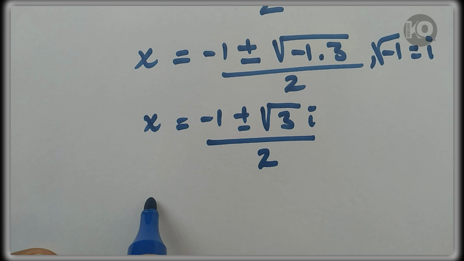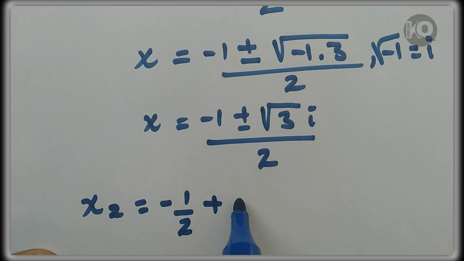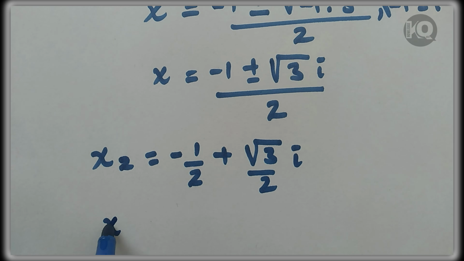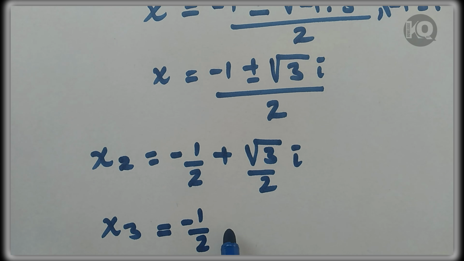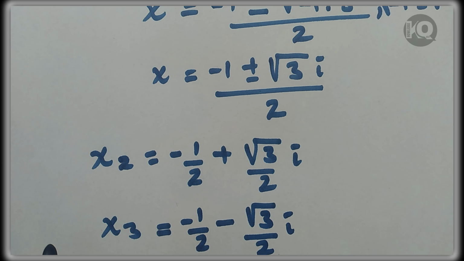So our solutions are x2, which is equal to minus 1 over 2 plus the square root of 3 over 2 i, and x3 is equal to minus 1 over 2 minus the square root of 3 divided by 2 i.